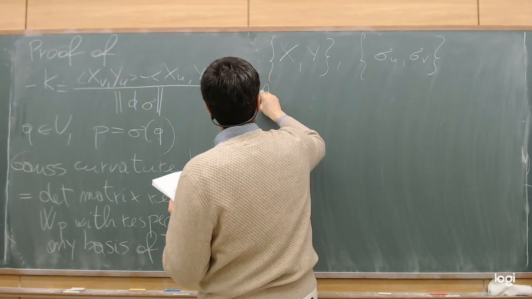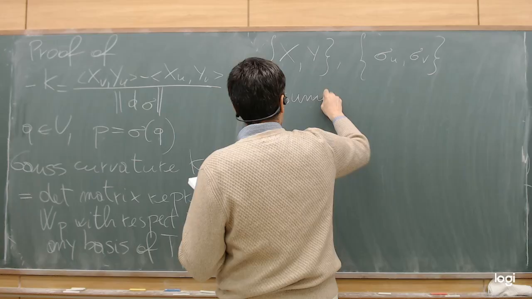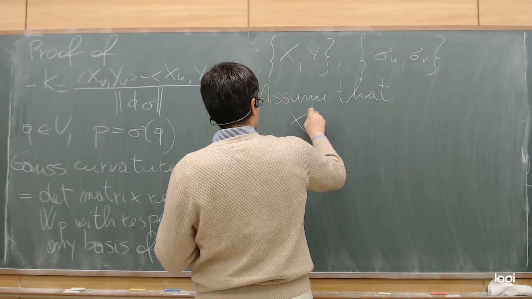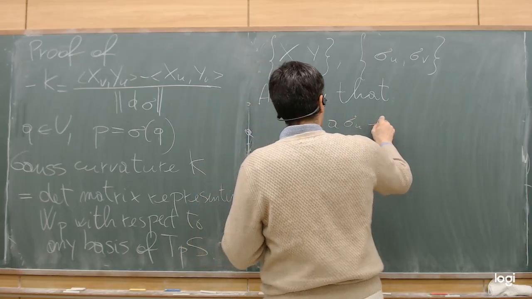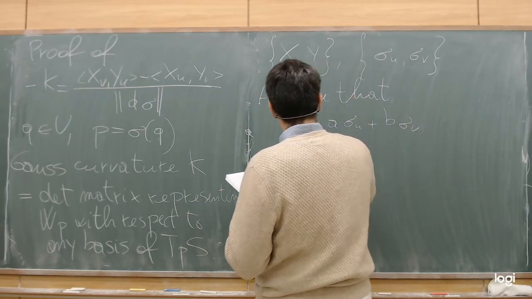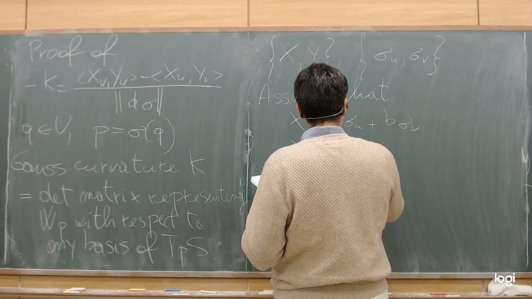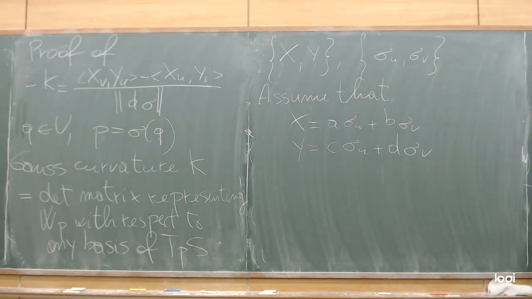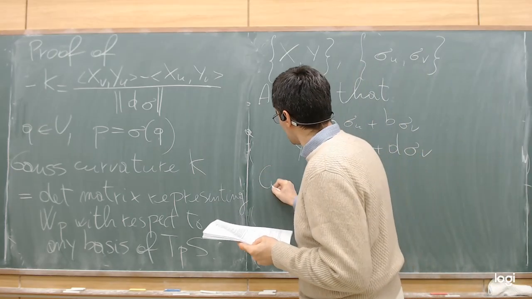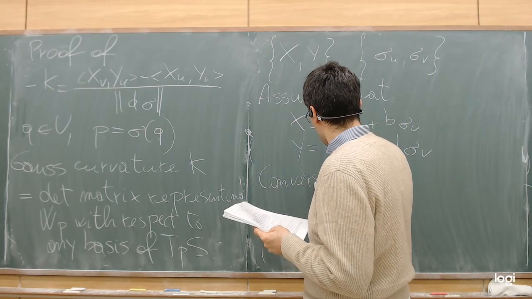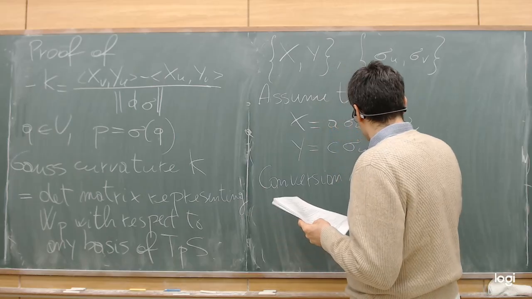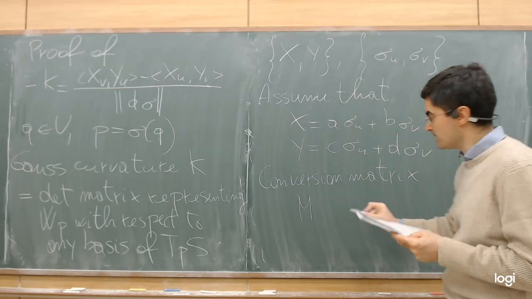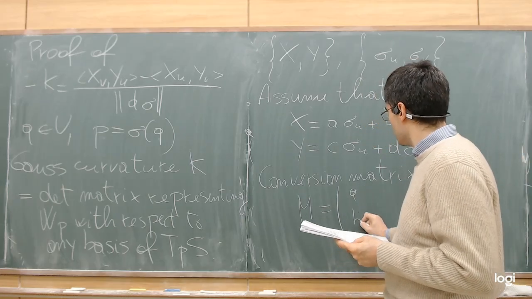Now suppose that x is equal to a sigma u plus b sigma v, and y is c sigma u plus d sigma v. So this means that the conversion matrix M between these two bases is A, B, C, D.